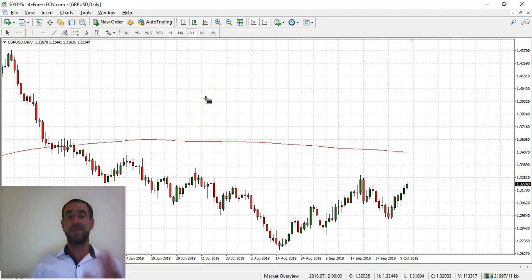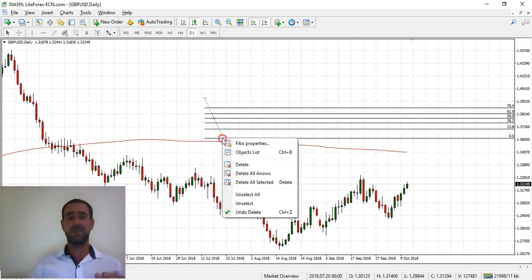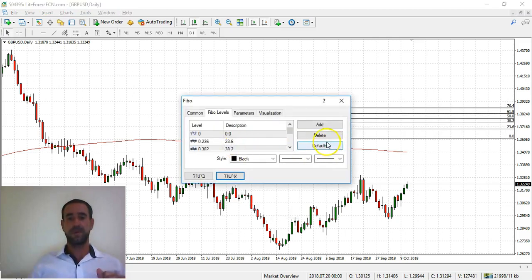Now, let's take a look at the default. I'm going to click the default here, and this is the default. It usually presents a few levels. Since we're using just one application at this point, the corrective analysis application, we want to get rid of all the projection levels. So everything above 100 goes away.